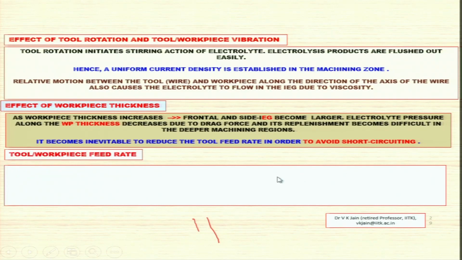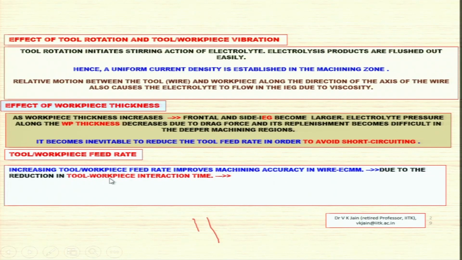Tool workpiece feed rate. Increasing tool workpiece feed rate improves machining. Either you are feeding the tool or you are feeding the workpiece, depending upon the system that you have designed. So increasing tool workpiece feed rate improves machining accuracy in wire ECMM due to the reduction in tool workpiece interaction time.